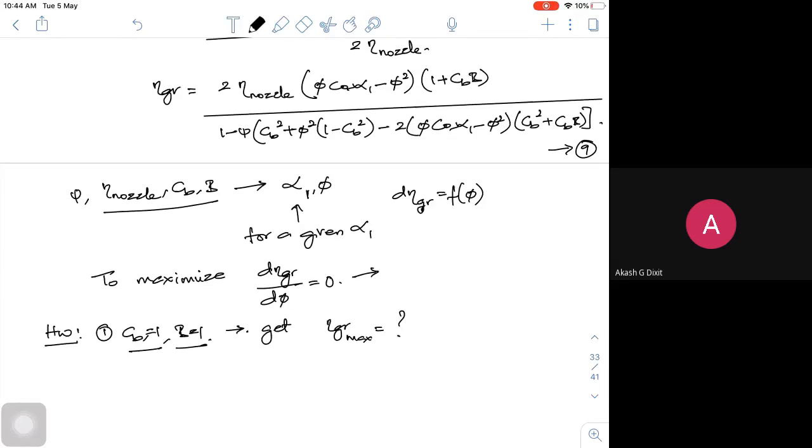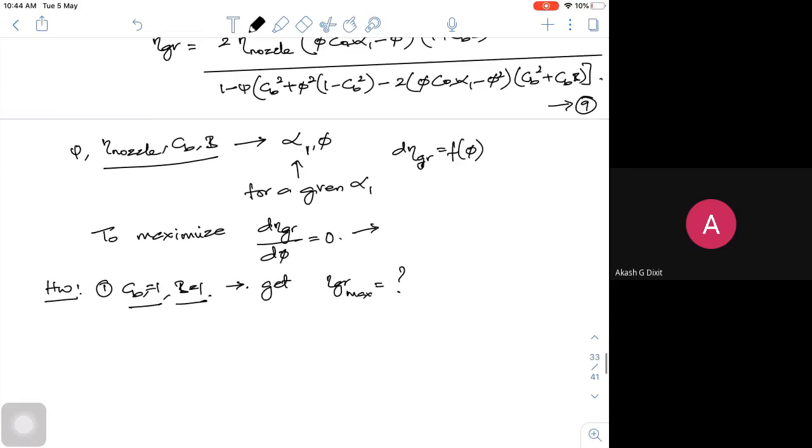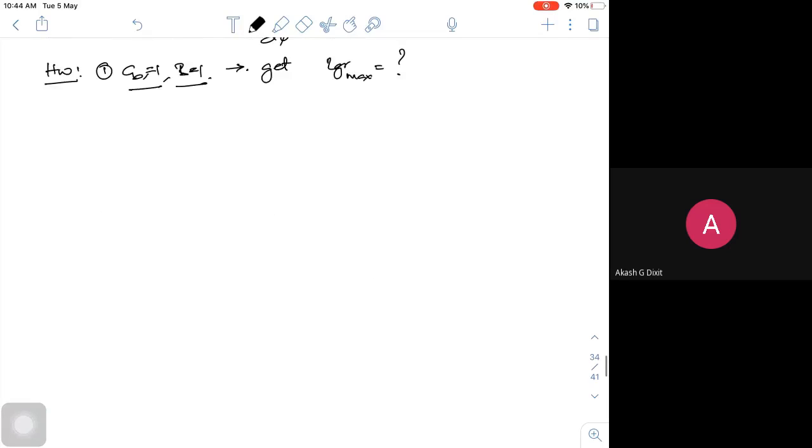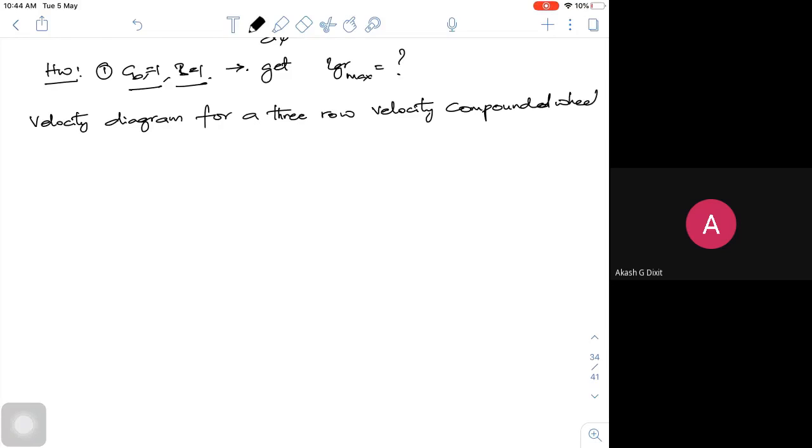So what we look at now is the multi-stage velocity diagram for a three-stage or three-row velocity compounded wheel, or whatever we call that, a shaft or whatever.